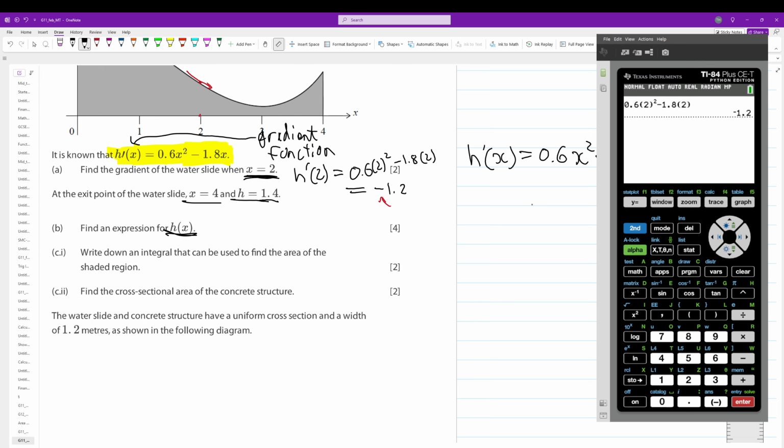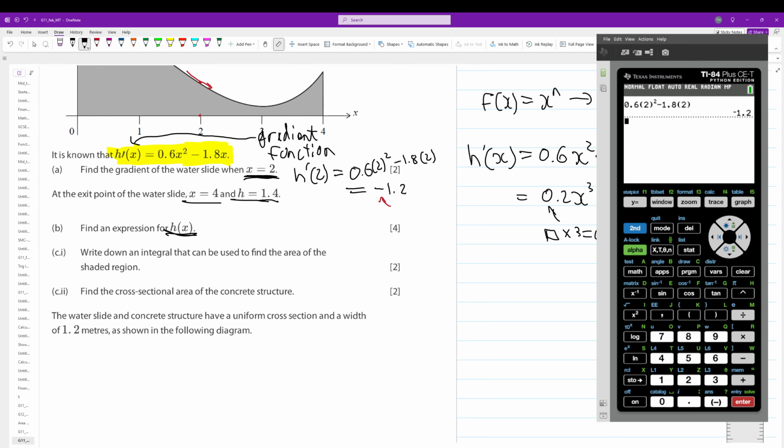So I know that this is the gradient function, and I know how differentiation works. I know that I get n x to the n minus 1. So that means that reasonably this would be x cubed and this would be x squared. But that means that whatever I have here, call it box, multiplied by 3 gives me 0.6, so this must have been 0.2.